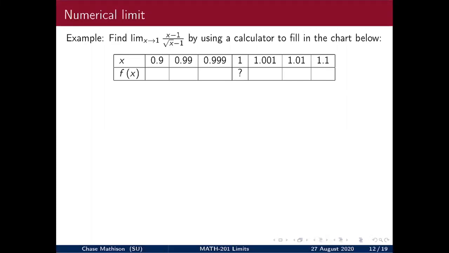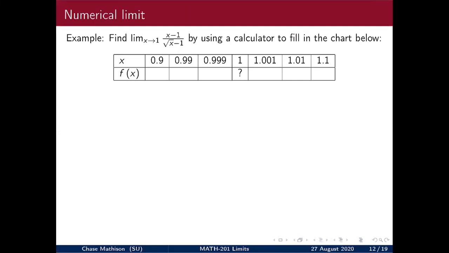Because if I plug in 1, what happens? I get 0 in the bottom, but I also get 0 in the top. And so 0 over 0 is what's known as an indeterminate form, and we have no idea how to handle that yet. We'll cover it in this class. So filling out a table of values is a perfectly fine way to find this limit, though.